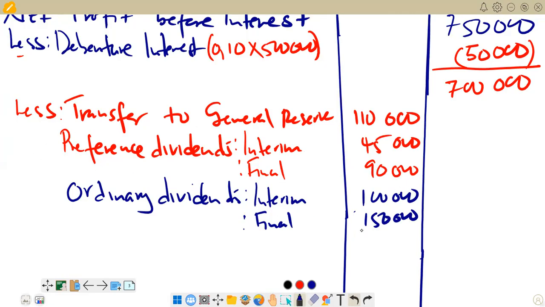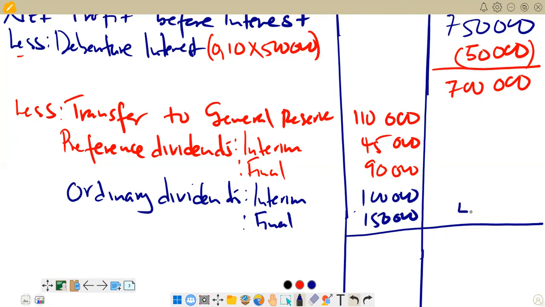Yes, remember we're saying less. Then we add the total, put the total on this side. We add this one plus this one plus this one plus this one plus this one. So let's try to add that. We say 110. Then we add 45. Then we add 90. Then we add 100. Then we add 150. Then we get 495.